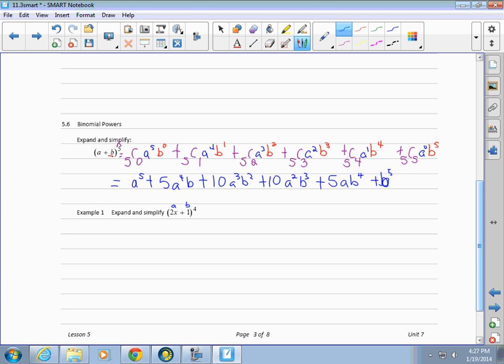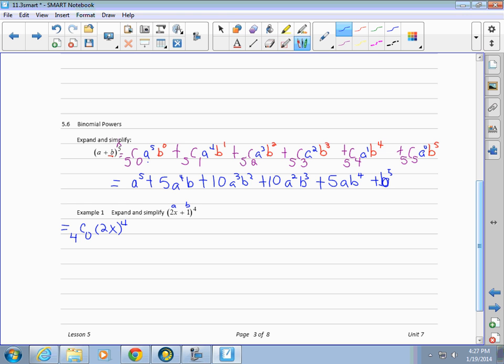For this one, it's a power of 4, so I'm going to start at 4 choose 0. My a is the same as 2x, so it's going to be 2x to the power of 4.